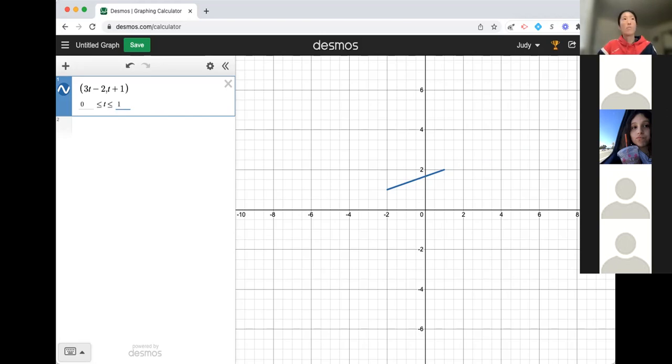Or let's see, the one that had the 4, number 11, right? We had 4 sine t and then we had 3 cosine t. What do you think the interval should be here so that I get the same picture that I sketched in number 11?